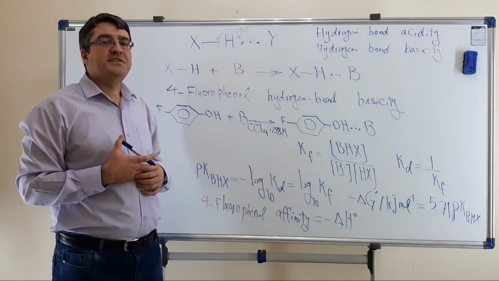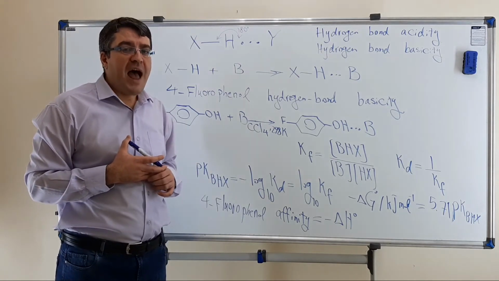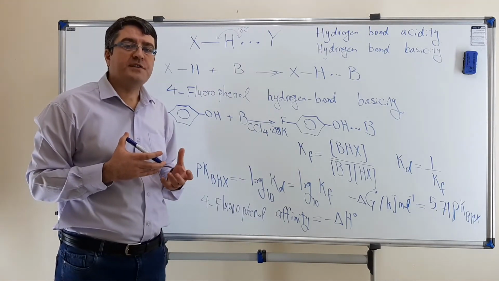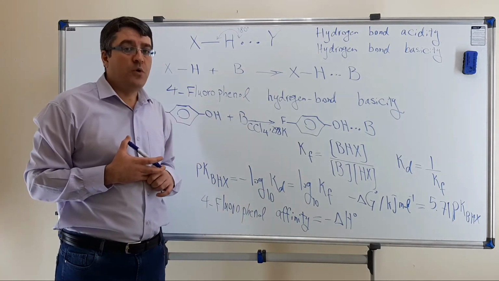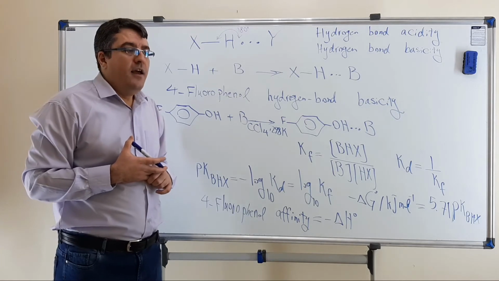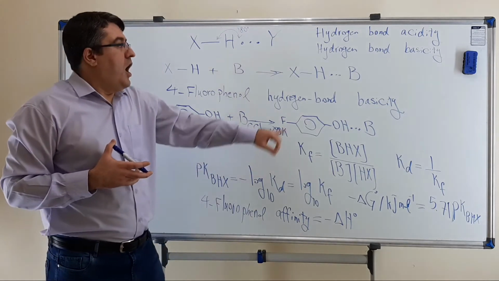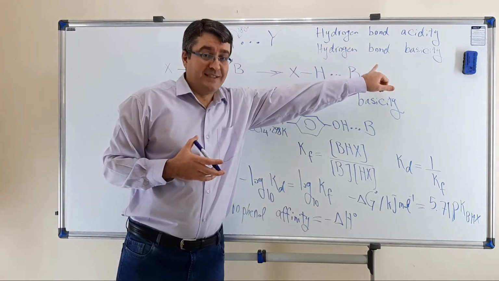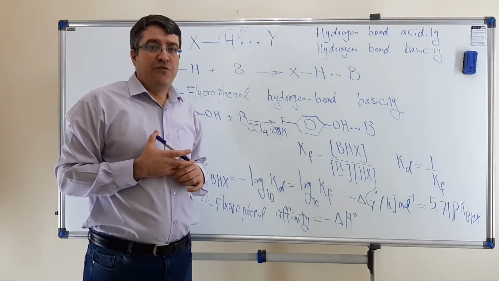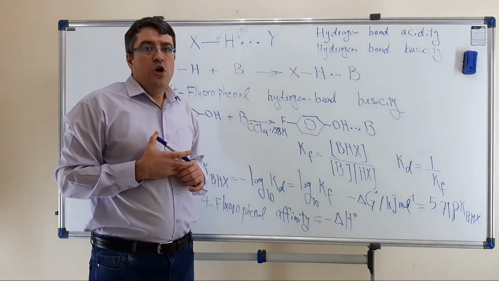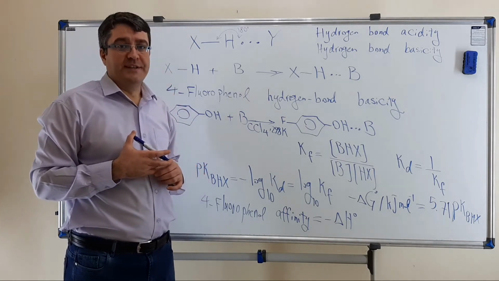From our previous discussions, we know that in general, we can't have a universal or unique order of Lewis acidities or basicities. This is also true for hydrogen bond acidities or basicities. But it's a great advantage for any scale to have its results applicable to other scales.